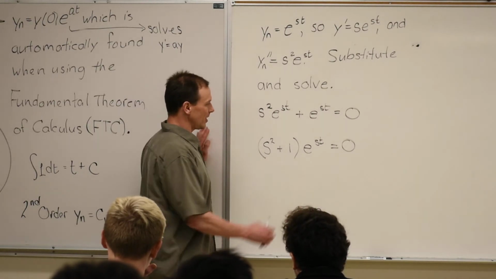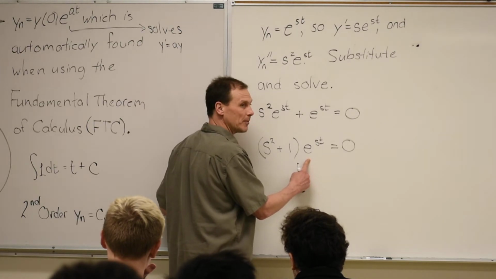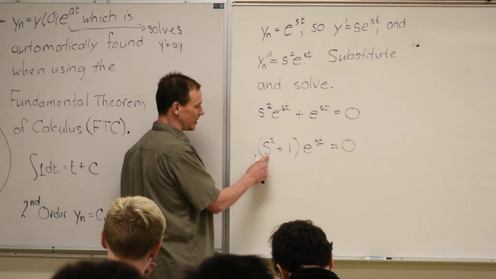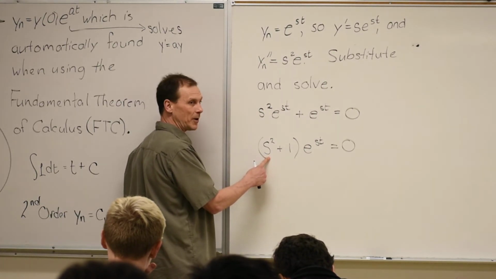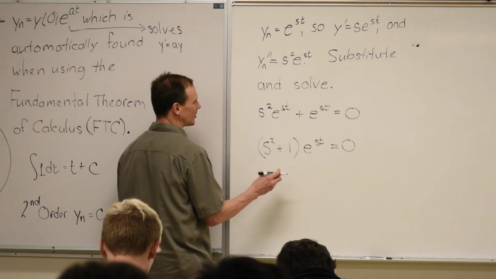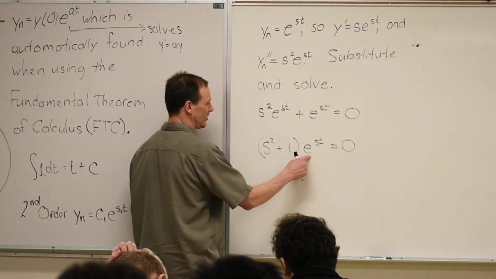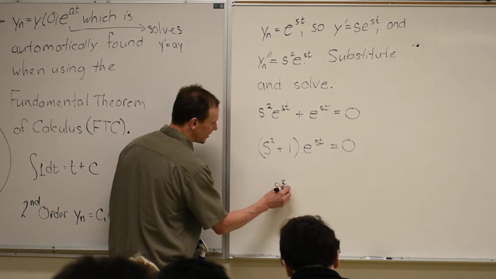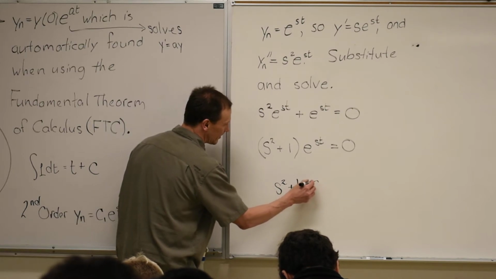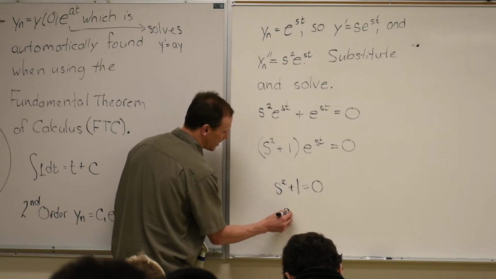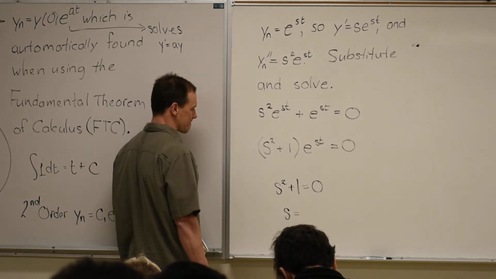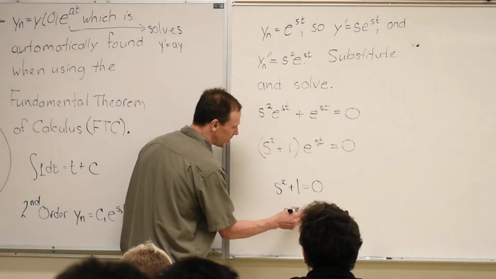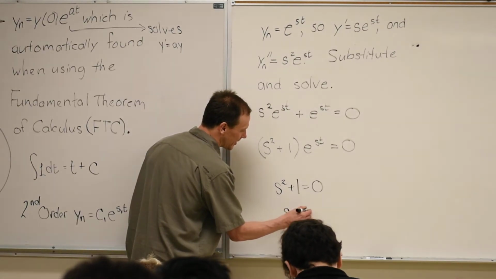So really you're saying either this is 0 or this is 0, and we're just working with finding s. s squared plus 1 is 0, so s equals plus or minus i.